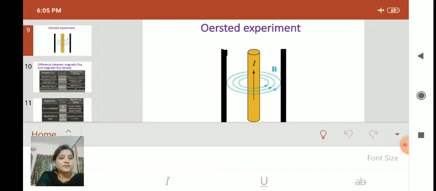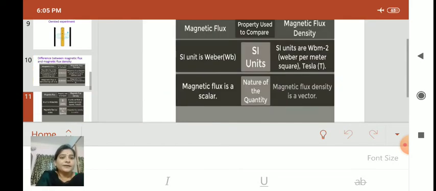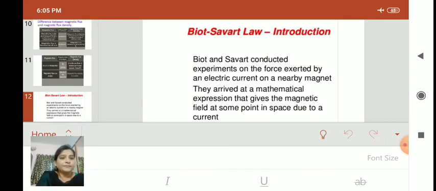This was first observed by Oersted, and based on that concept, we have to know two important laws. One is Biot-Savart law and another is Ampere's law. Today we are about to discuss Biot-Savart law.